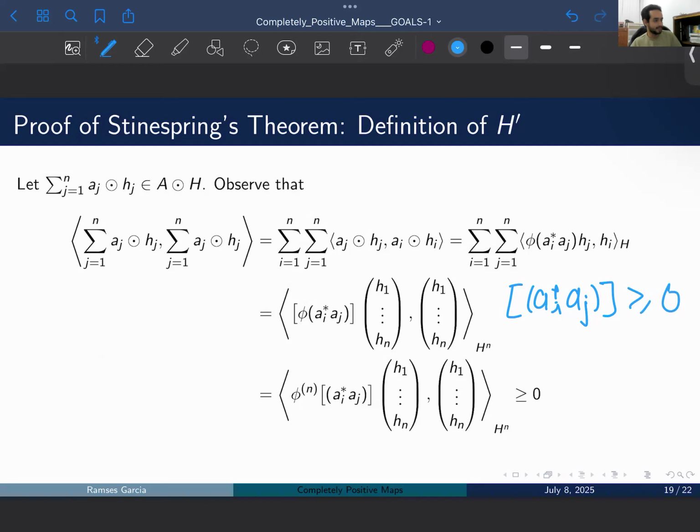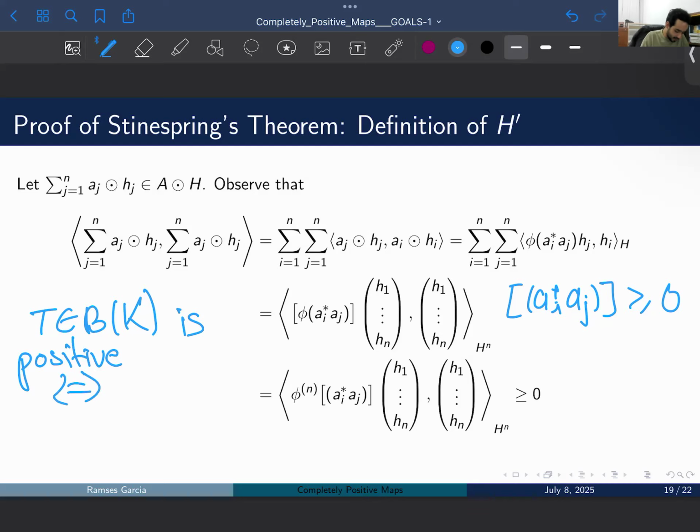It is a positive matrix, and when you study positive elements, you show that an operator on a Hilbert space is positive if and only if this is positive for every x in the Hilbert space.